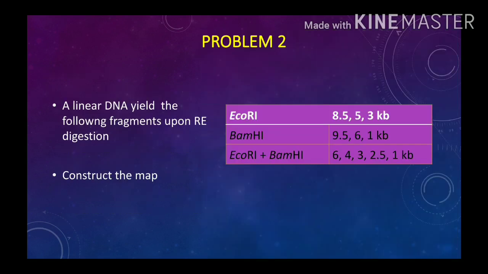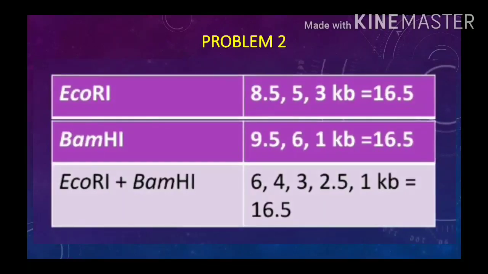Problem number 2, a linear DNA that is digested with EcoRI and BamHI, and from the data, you have to construct the map. Here is the solution. The DNA is linear and the total size of the fragments is 16.5 kb in all three cases, single digestion as well as double digestion, so we are not missing any fragment.